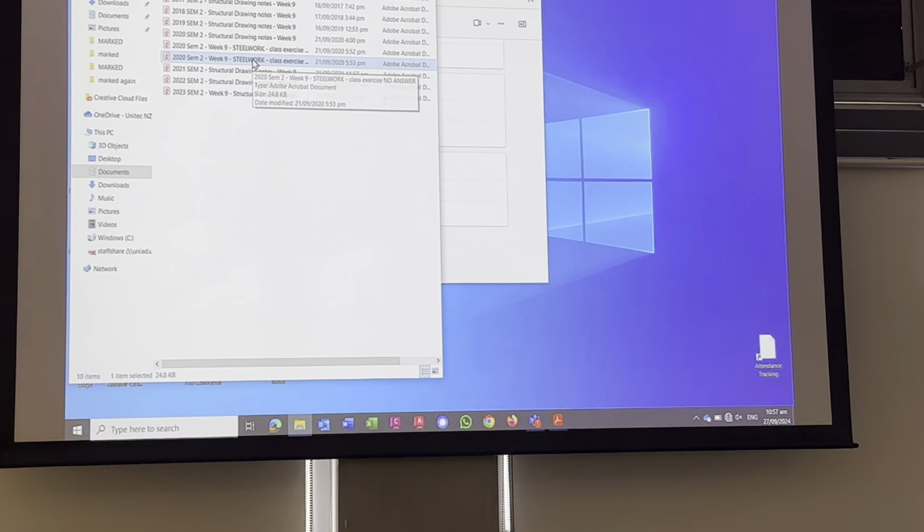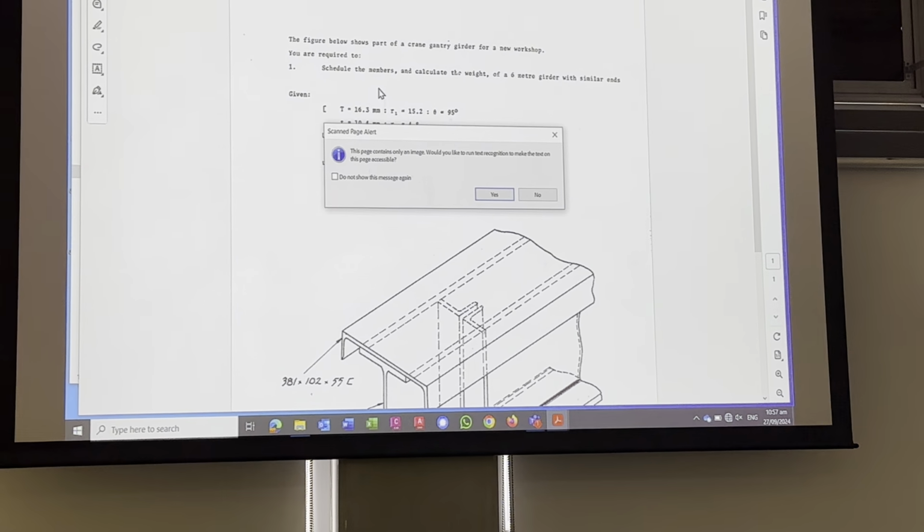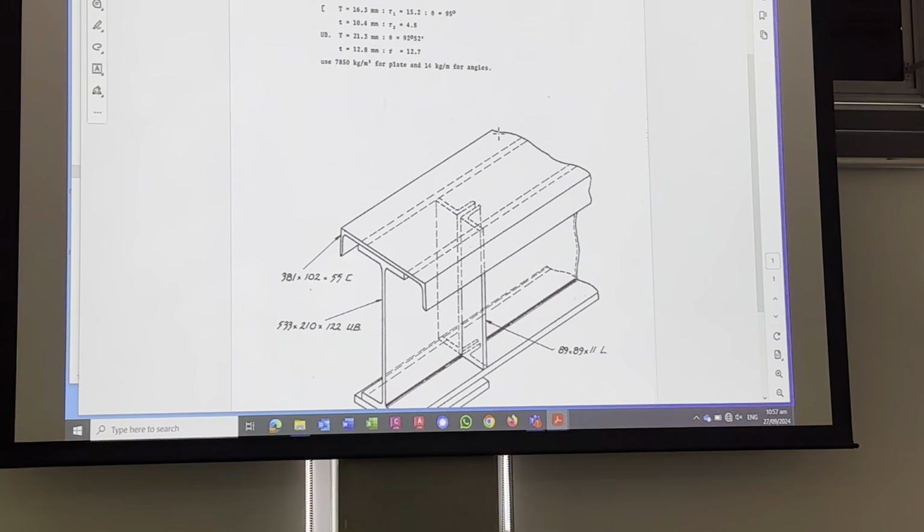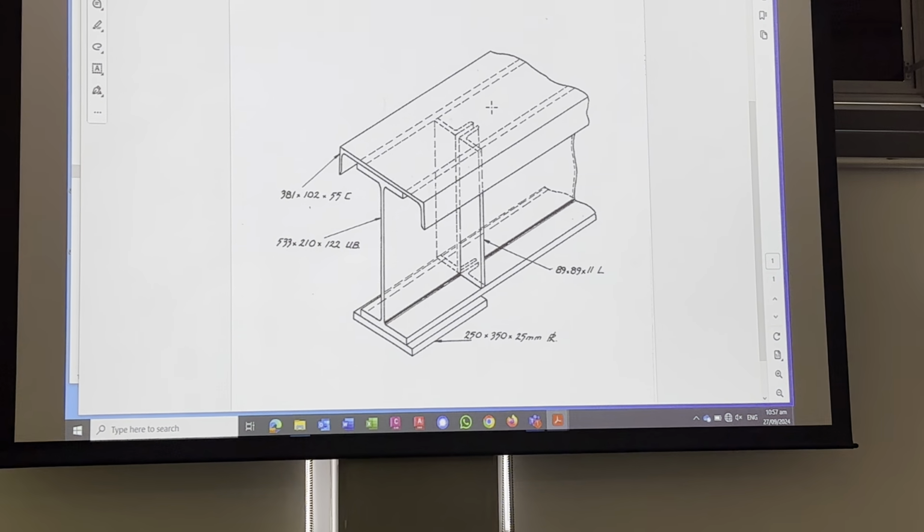Alright, so after the break, I'll do this. As I said, it'll be in the test, so 2 or 3 marks in the test. You've got a universal beam in your assignment, a plate in your assignment, and an angle in your assignment.